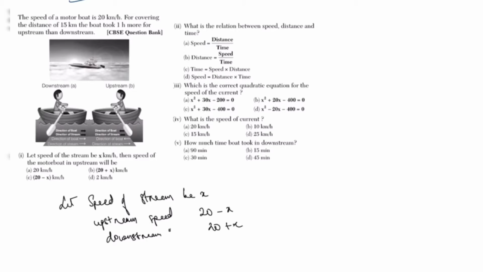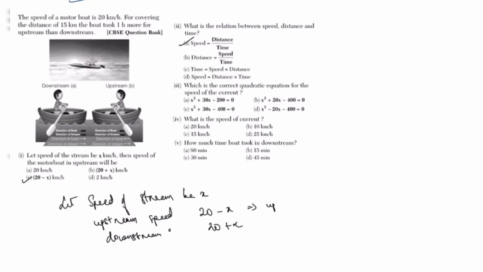Okay. They have already said that let the speed of stream be x. Okay, this was extra. So speed of motorboat upstream, we have already said, is 20 minus x. Speed, distance, and time. The first option is obviously correct. Then which is the correct quadratic equation for speed of the current? So upstream speed is this much, which means what?